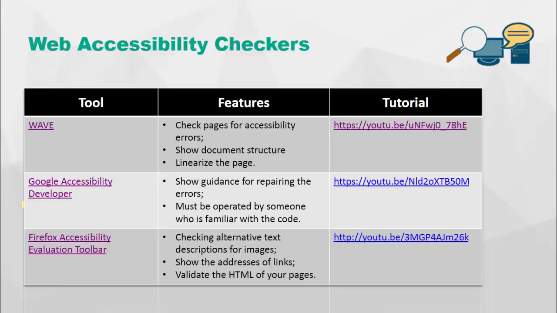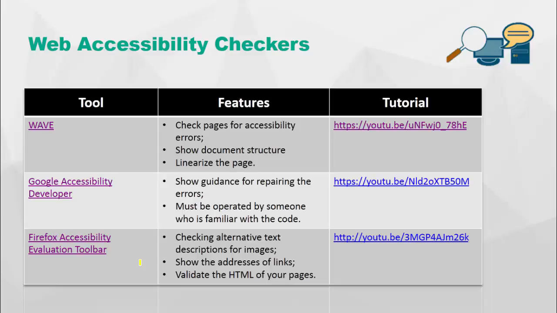And the next is Google Accessibility Developer. The advantage of this tool is it can show you guidance for repairing the errors. And the Firefox Accessibility Evaluation Toolbar, the advantage of this tool is it can be used to check the elements individually.